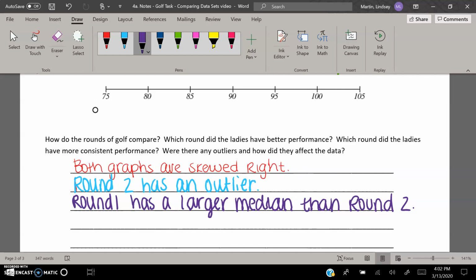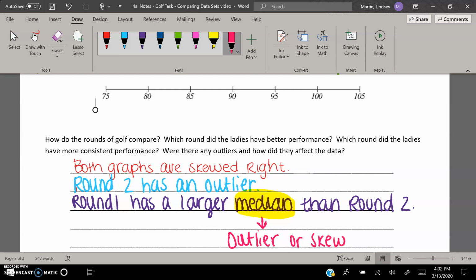Since we're comparing 2 different rounds of golf, I decided to use the median as my comparison of center because one of my rounds had an outlier and both of my rounds were skewed. So we use median when we have an outlier or a skew.